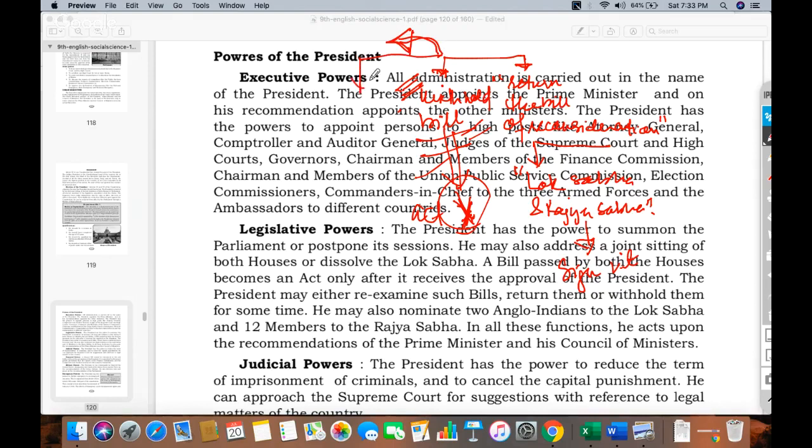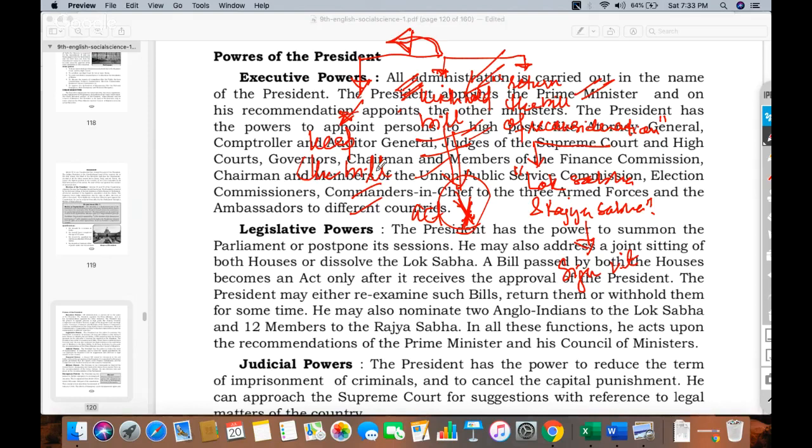There is a third option, and this is the most beautiful option. The president can keep this bill in one of his cupboards and forget about it. He can just keep the bill with him. He cannot say the status of the bill. He will not return it, he will not withhold it. He'll just keep the bill with him, and nobody has the power to ask what you are doing with the bill.